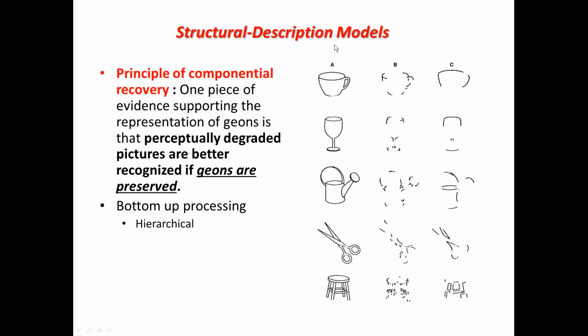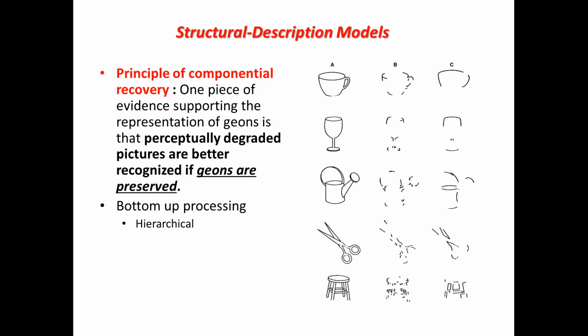So if you look at this picture on the right and look at the objects in column A, you can see that these can be degraded by taking away parts of that stimulus. In fact, stimuli in column B and column C were generated by degrading the stimulus in column A to the same extent.